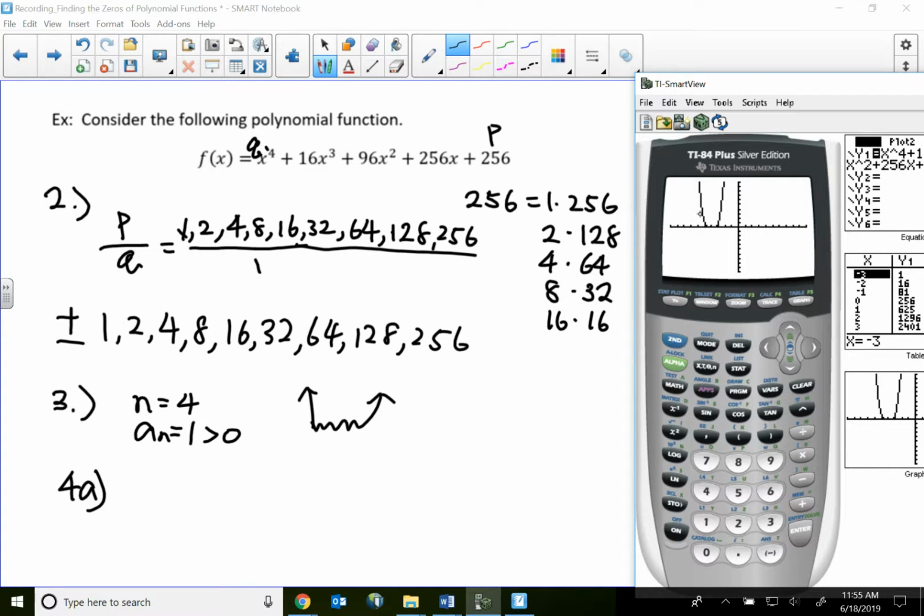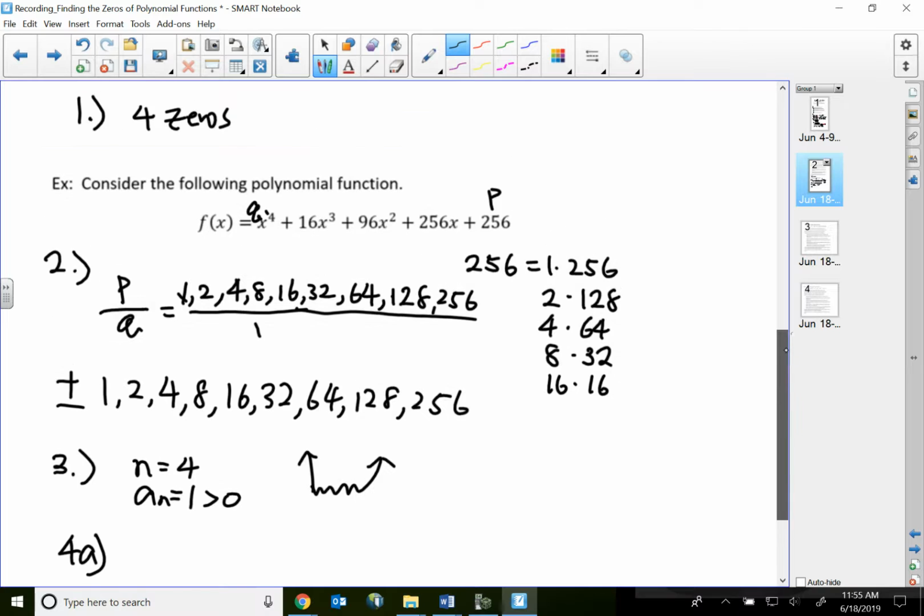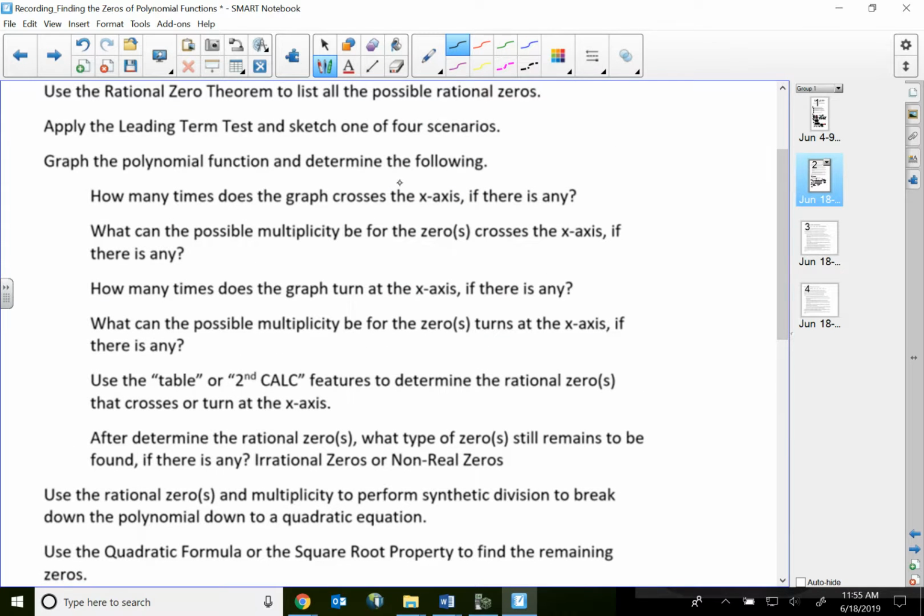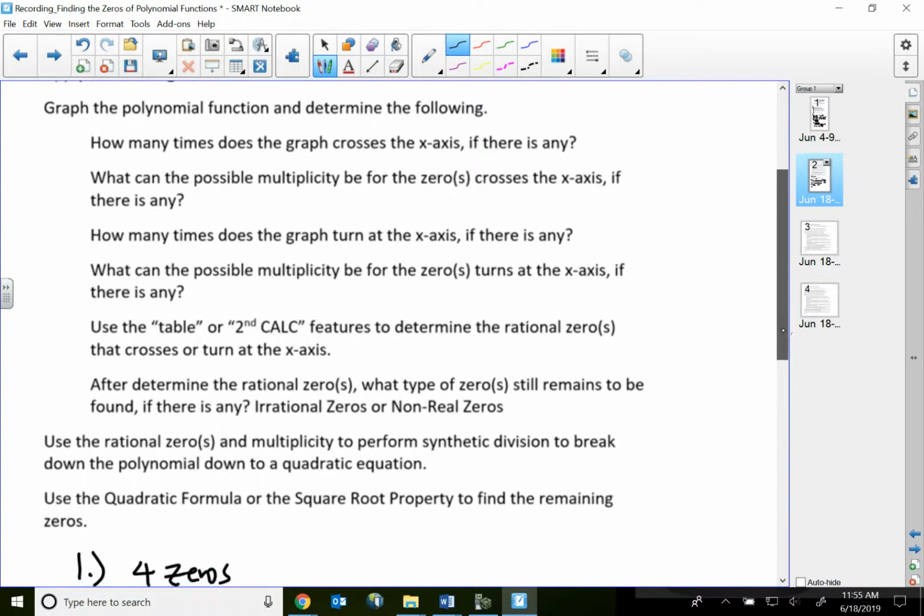Okay. We've seen something like this before. What's going on here? This is on the negative side, so I'm thinking about negative 4, negative 8, something like that. That's weird looking. Does it turn or did it cross? How many times does the graph actually cross the x-axis, if at all?